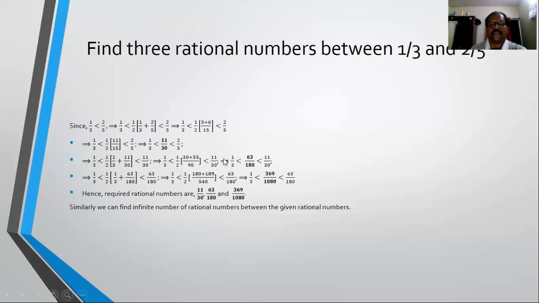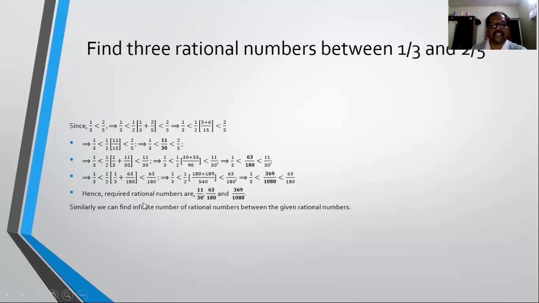Now we find the third rational number between the given two rational numbers. Again, I keep 1 by 3 fixed as x, and take y as 63 by 180. So x is 1 by 3, y is 63 by 180. Again, applying the same result, 1 by 2 times x plus y, that is 1 by 2 times 1 by 3 plus 63 by 180, will give us 369 by 1080 as the third rational number between the given two rational numbers.